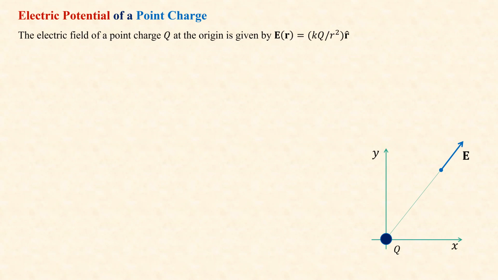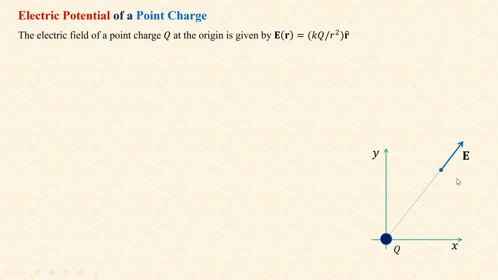So let's say we have a point charge that is at the origin of a coordinate system, X and Y. It creates an electric field everywhere in space, especially for this point, radially outward if Q is positive. And of course, if Q is negative, it is radially inward toward this origin.